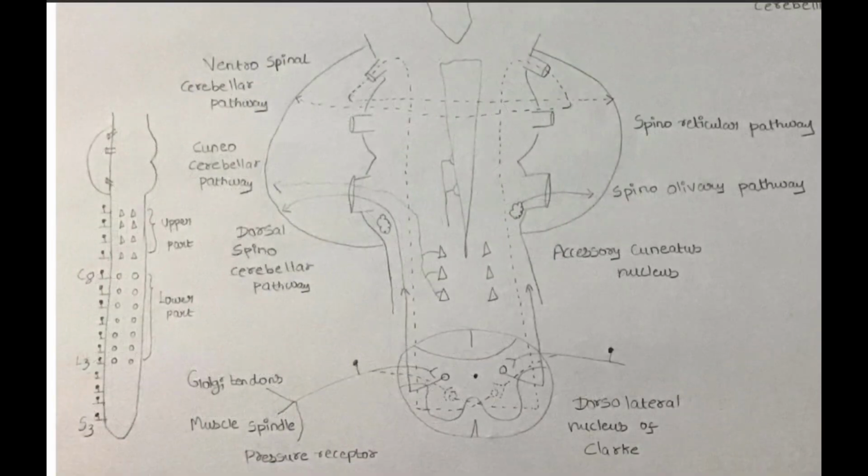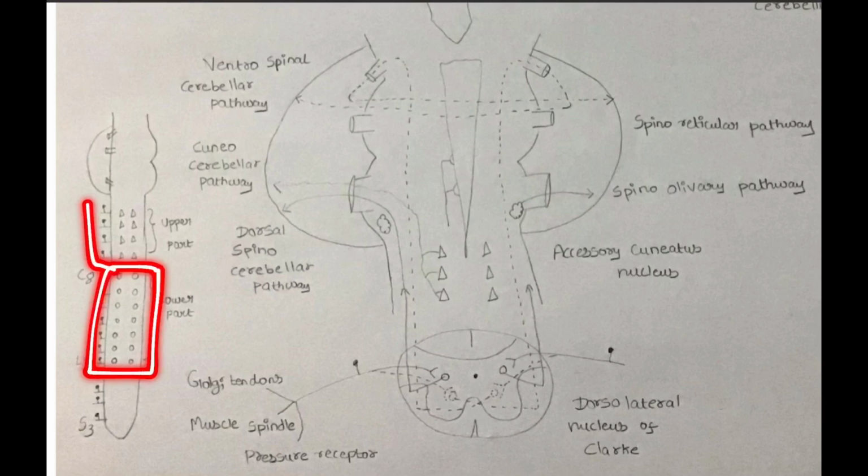So below C8 you will see only first order neuron and the dorsolateral nucleus of Clarke, that is the second order neuron, and above C8 you will see the first order neuron and accessory cuneatus nucleus in the spinocerebellar pathway.